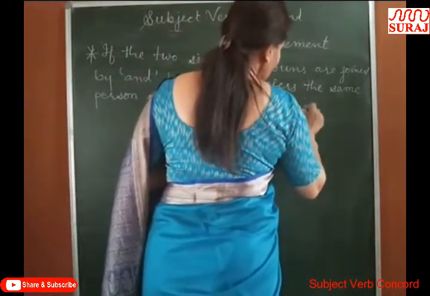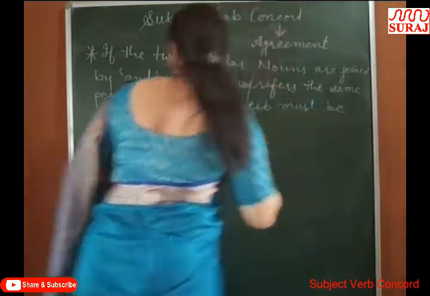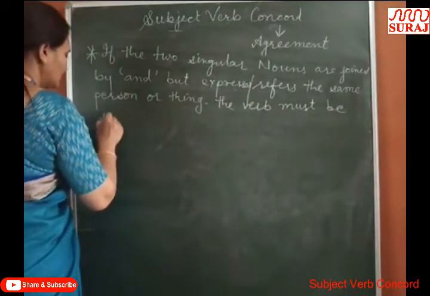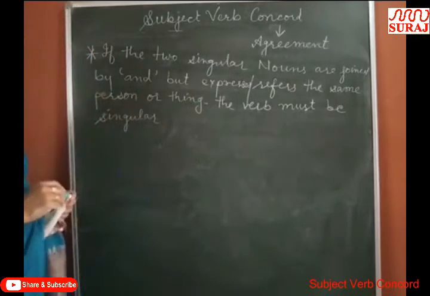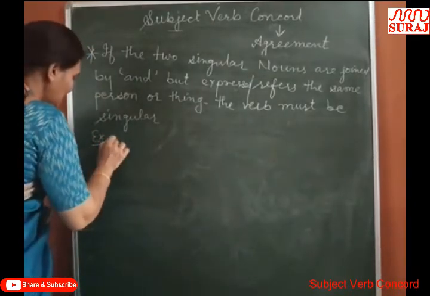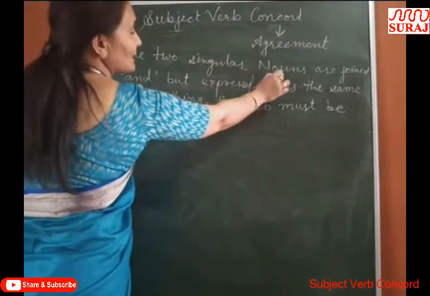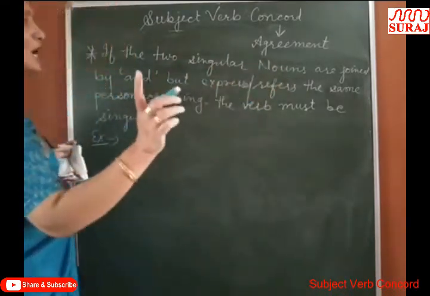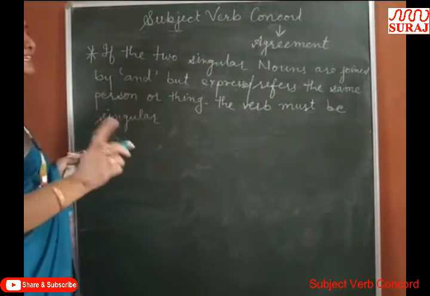When two singular nouns are joined by and but they refer the same person or thing, then the verb must be singular. The verb must be singular.